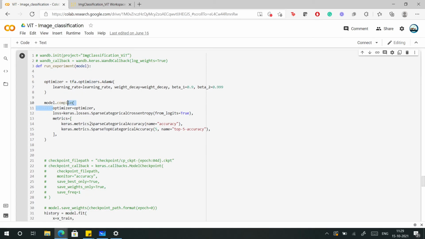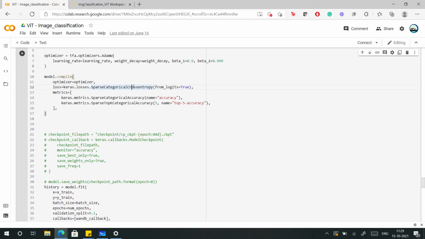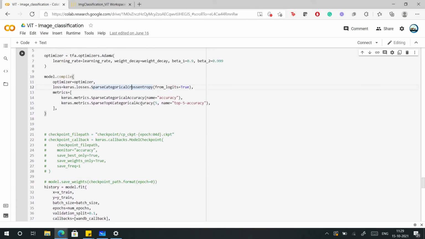Optimizer and compiler. Here I'm going to set a sparse categorical accuracy with some cross entropy. The loss I'm using is sparse categorical cross entropy. It's no different from a general categorical cross entropy, the one which you will see in logistic regression if you know the algorithm there.